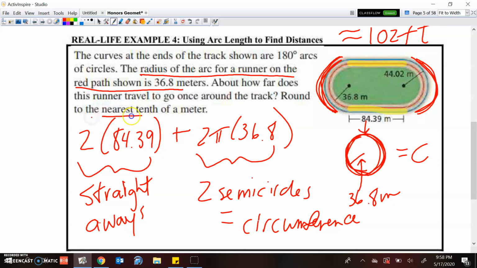It says the nearest tenth of a meter, so I get 400.0012193, so 400.0, and I would label that meters. So to the nearest tenth of a meter, it's 400, and that is where, if you run the 400, that's 1 lap around. If you run the 800, that's 2 laps. The 1600 is 1 mile, and so on. Again, little conversions there, but that's what we have.